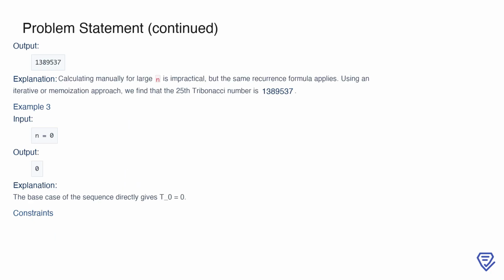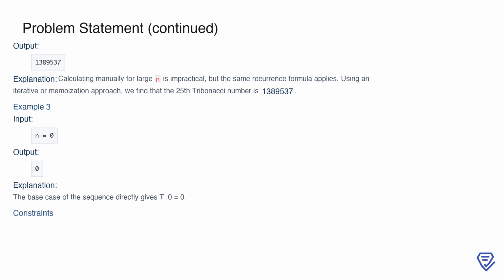Now, let's look at a larger example where n equals 25. Using the same process, starting with t_0 equals 0, t_1 equals 1, and t_2 equals 1, we calculate subsequent terms iteratively. t_3 equals 2, t_4 equals 4, t_5 equals 7, t_6 equals 13, t_7 equals 24, t_8 equals 44, and so on.